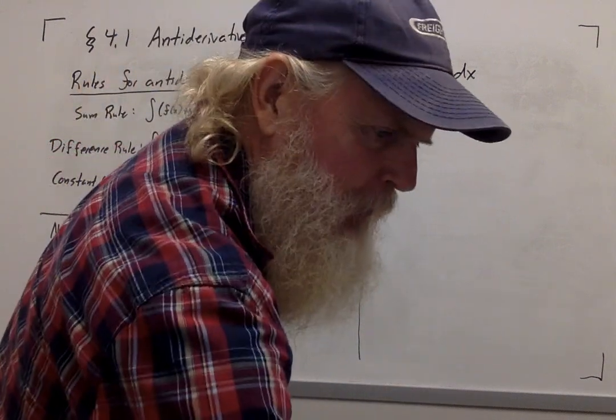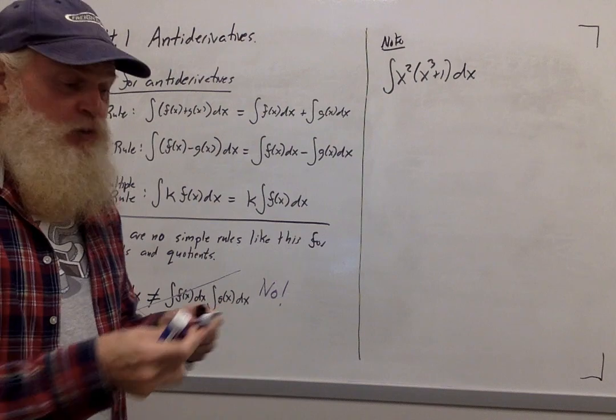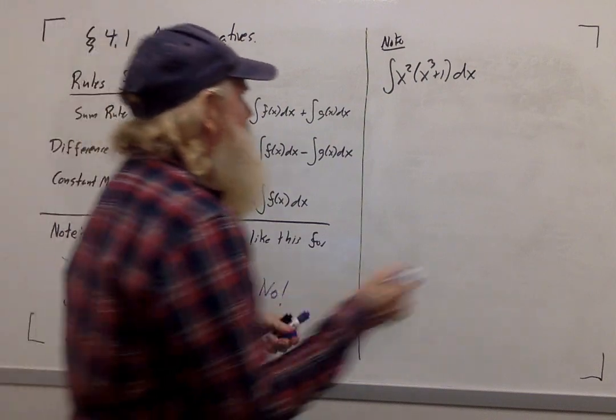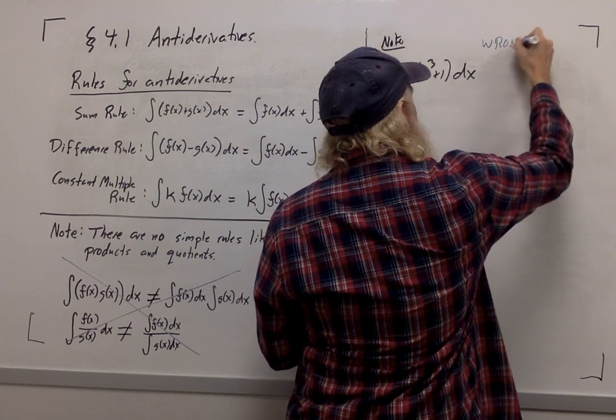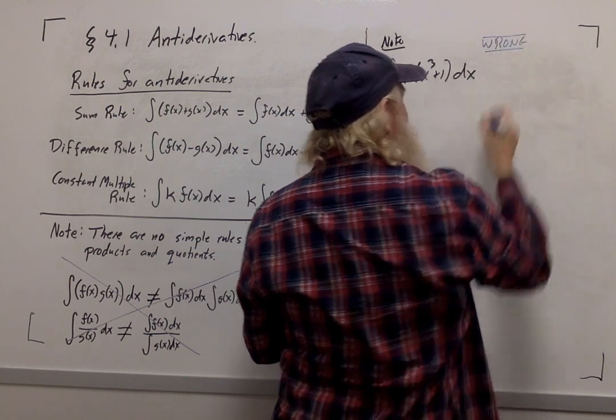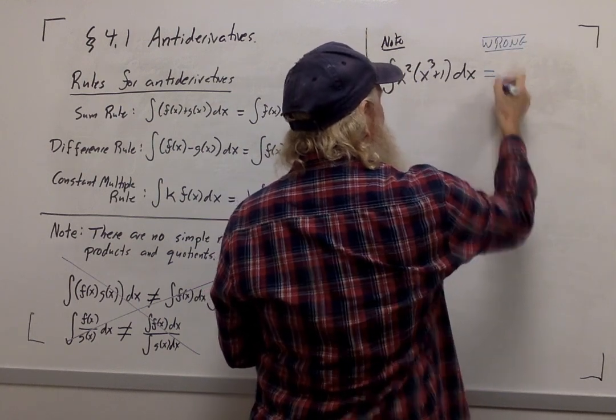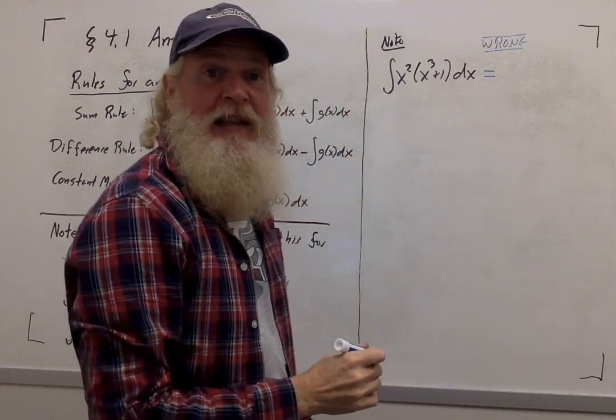I'm going to change color for a moment because I'm going to start by doing this wrong. So I'm going to make a note. This is wrong. I don't want you to learn to do it this way. But this is a common mistake that I see.